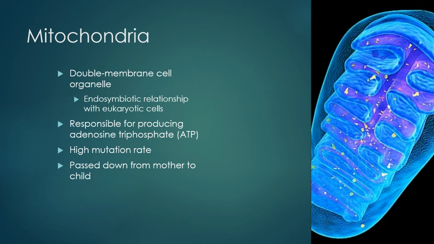So early on in the formation of eukaryotic cells, a little bacterial type cell, like a precursor to mitochondria, joined in and made a relationship with the eukaryotic cell. In turn, it provided energy. Right? The mitochondrion provided energy to that cell, and it expected protection and housing.